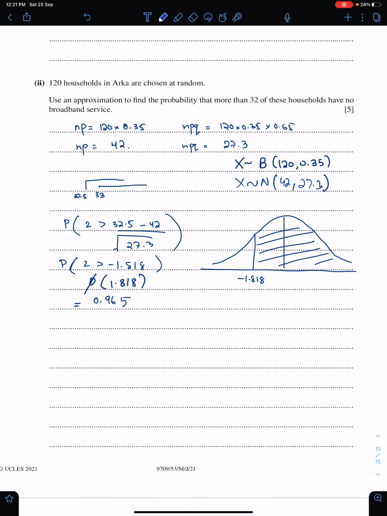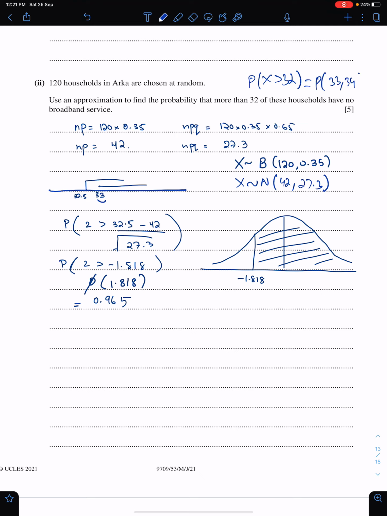Since this probability is required for x greater than 32, the first number on the number line should be 33. And since we are going on this side on the number line, we have to take the lower bound. The first number is 33.